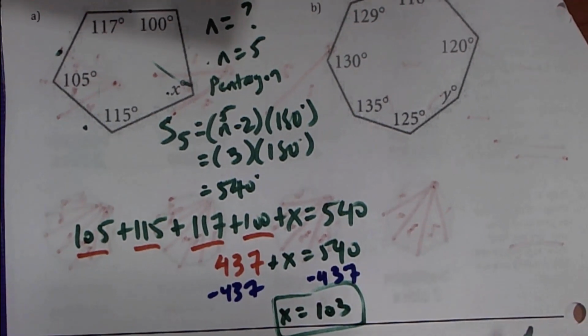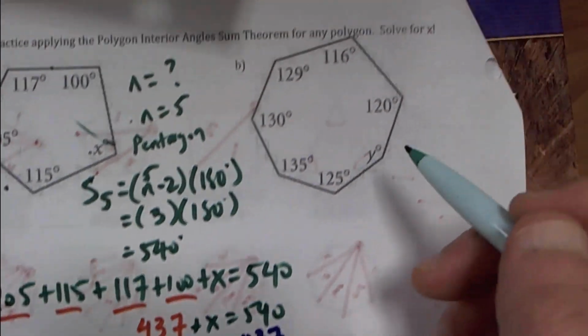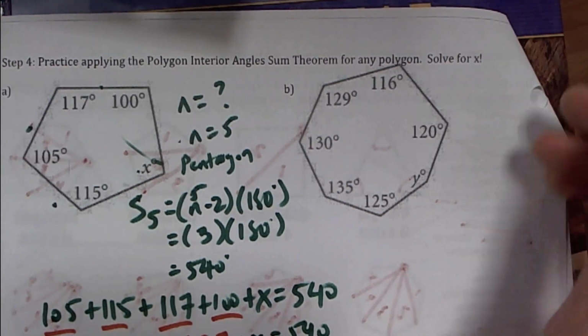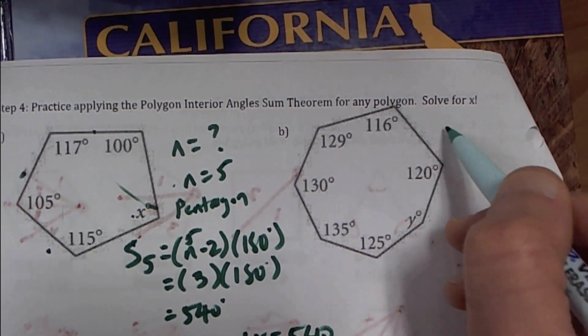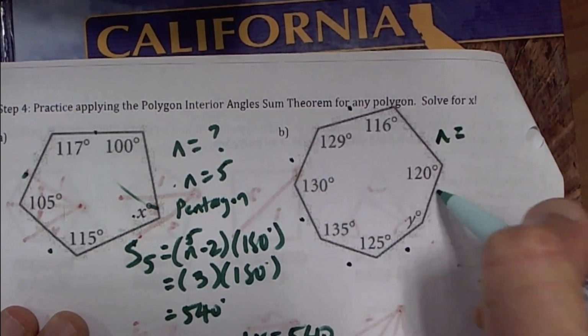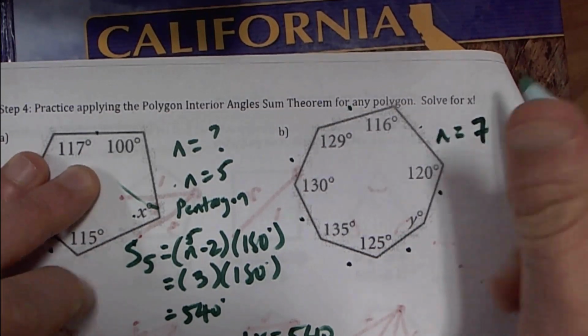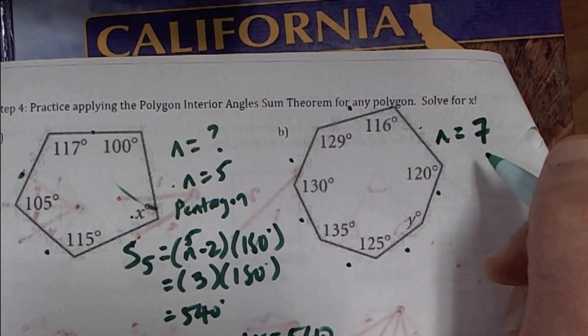Okay. If you want to pause the video and try this one, great. Go ahead and try it, or you can just watch. So for this one, we have n equals 1, 2, 3, 4, 5, 6, 7. N equals 7, which is called a heptagon.